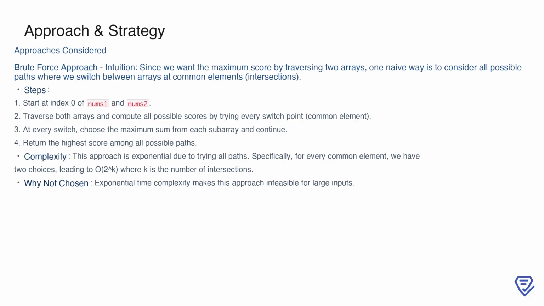At each switch, we compute the sum of the subarrays up to that point, choose the maximum, and continue. However, this approach has a significant drawback: the number of paths grows exponentially with the number of intersections. This results in a time complexity of O(2^k), where k is the number of common elements, making it computationally infeasible for large inputs. Therefore, while conceptually simple, this method is not a practical solution for this problem.